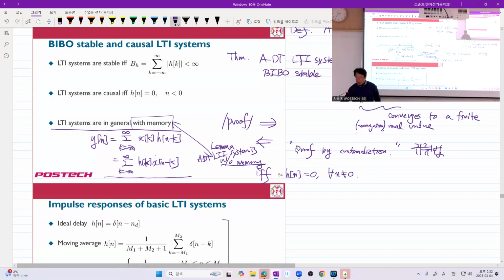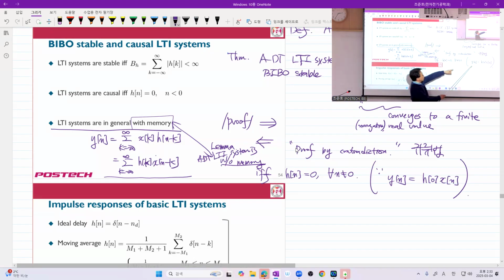This summation becomes a simple scaling. The output becomes a simple scaling of the input, and no other input affects the output at the current time. So no memory. Got it?